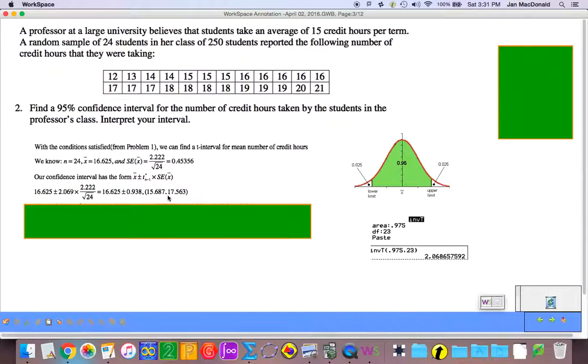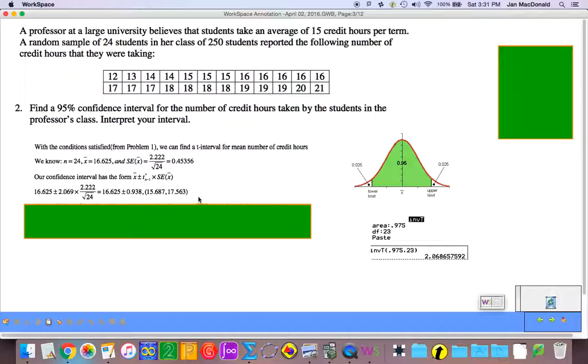And when we do that, here we go. We have our sample mean plus or minus our critical t times the standard deviation of our statistic. We get 16.625 plus or minus 0.938, which gives us a confidence interval of 15.7 to approximately 17.6.